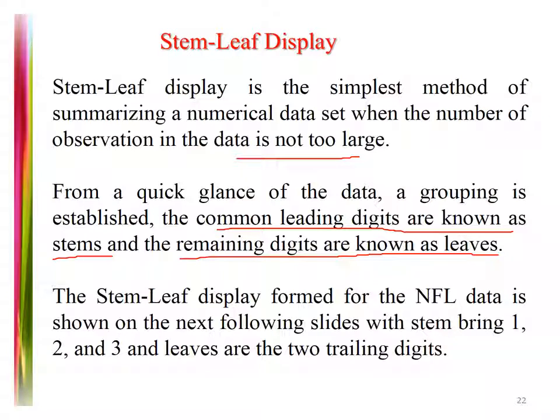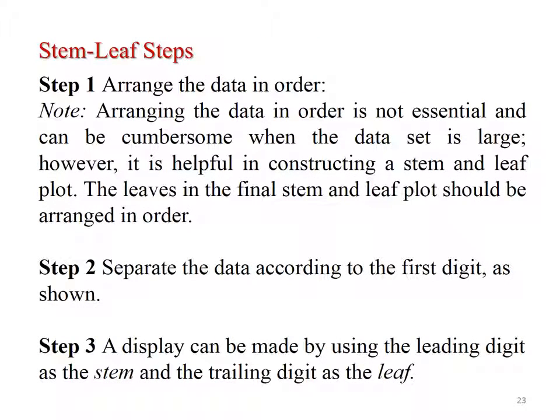The stem and leaf display is formed for the NFL data, that means our previous example data. In this case, I think the minimum value is 152 and the maximum value is 331. So the common leading digits are 1, 2, 3. First we arrange the data in order. That is a better way, but it is not necessary.